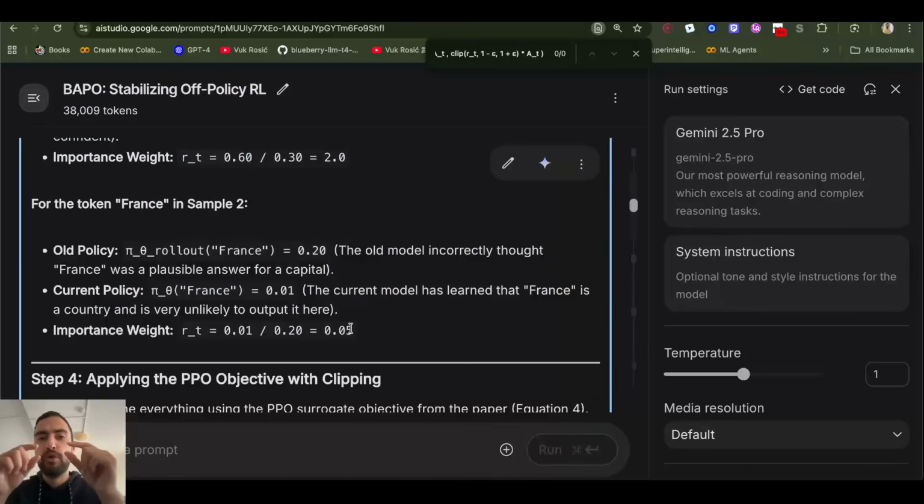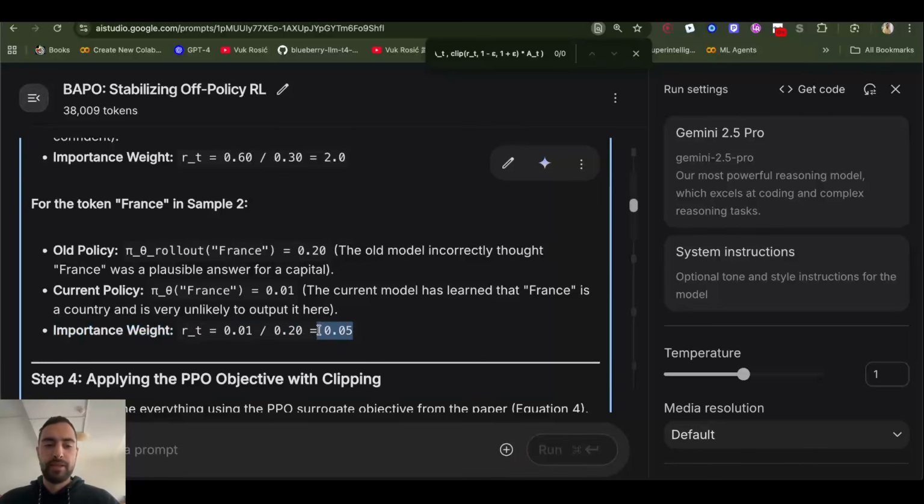The advantage will be a small negative number because it was already expected to do poorly. The expected reward was very low. So we have a small negative number multiplied by this small importance weight, so we will just get a small punishment if the answer is again wrong. Because as I said, there is no point in punishing the model if it's bad. So then you want to reward a few correct answers a lot more. But if it gives the correct answer here, then as I said, the importance weight will remain the same.